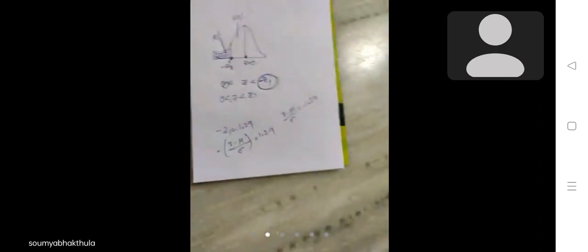Why am I taking 1.29? This is the starting one, 0.40. And the second one will be like this, 403. That's why I'm taking this is 1.29. So minus Z1 we got 1.29. That will be minus of x minus mu by sigma equals to 1.29. So x minus mu by sigma equals to minus 1.29.